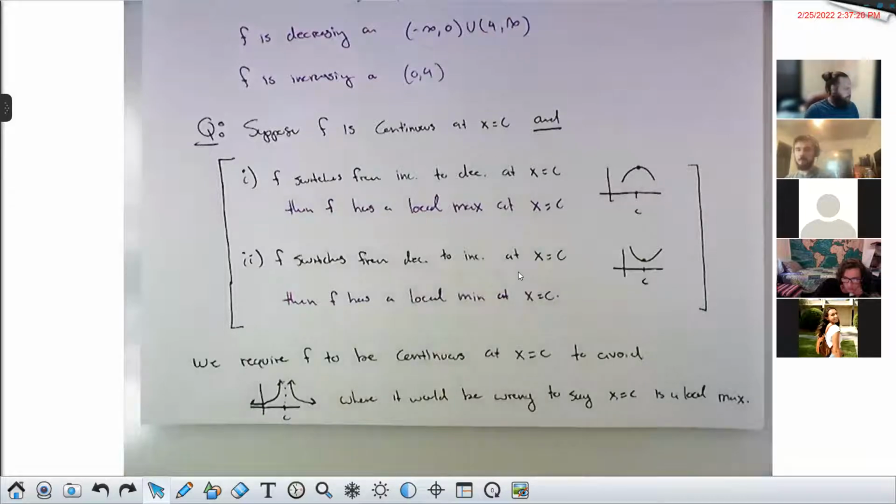But the thing works the way it feels like it works. If you have a connected graph and you're going uphill and then you transition to going downhill, you had to have rolled over the top of a little peak.